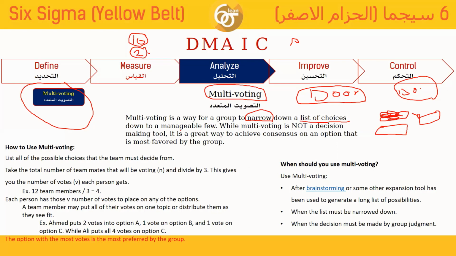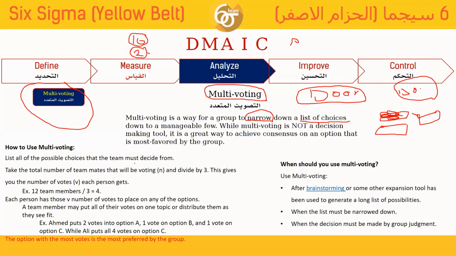So you will be able to manage these 2 or 3 instead of managing 10 root causes. It also gives you a good way of finding the main root cause for the problem. Once you have 10 or 7 root causes, you use multi-voting to make the list shorter and very narrow.